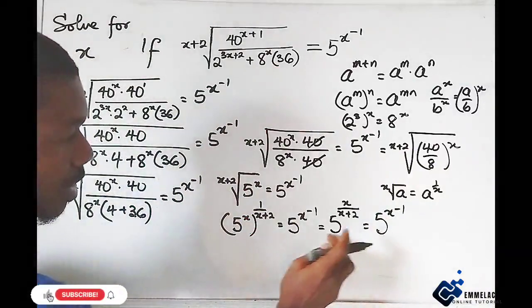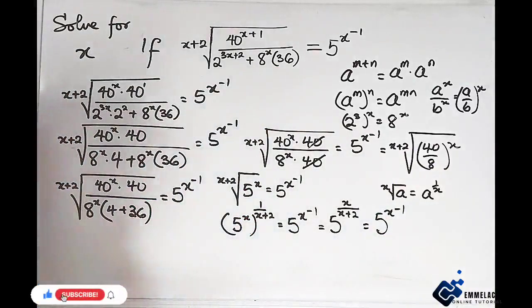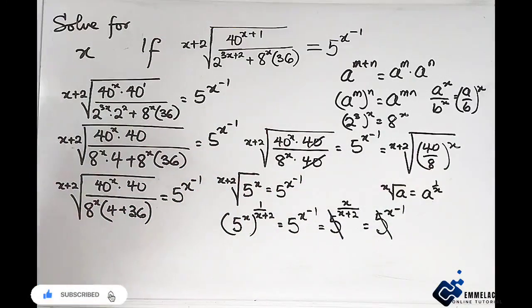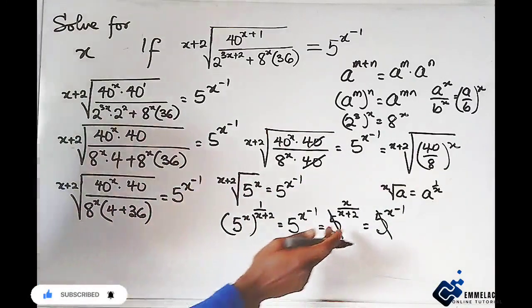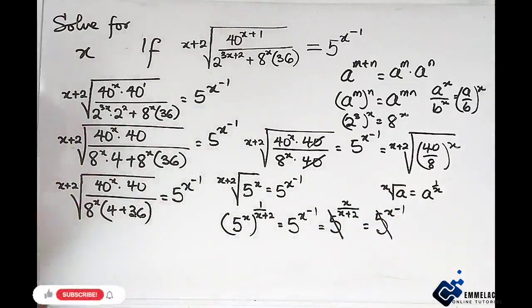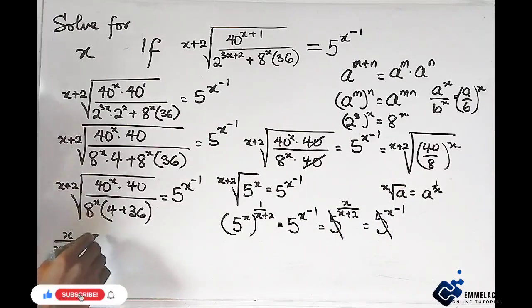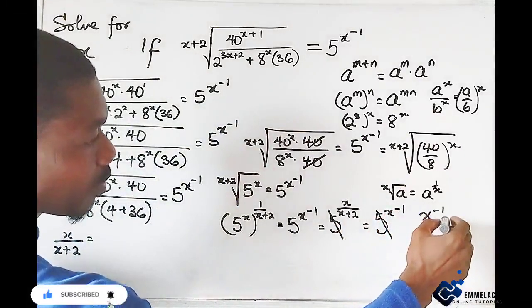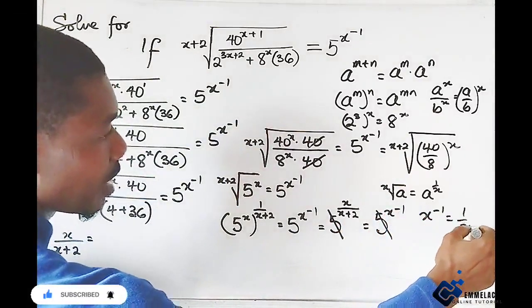Now since we arrive at the same base, we can eliminate it. The powers now equate, so you have x over x plus 2 equals x raised to the power of minus 1, which is the same thing as 1 over x.